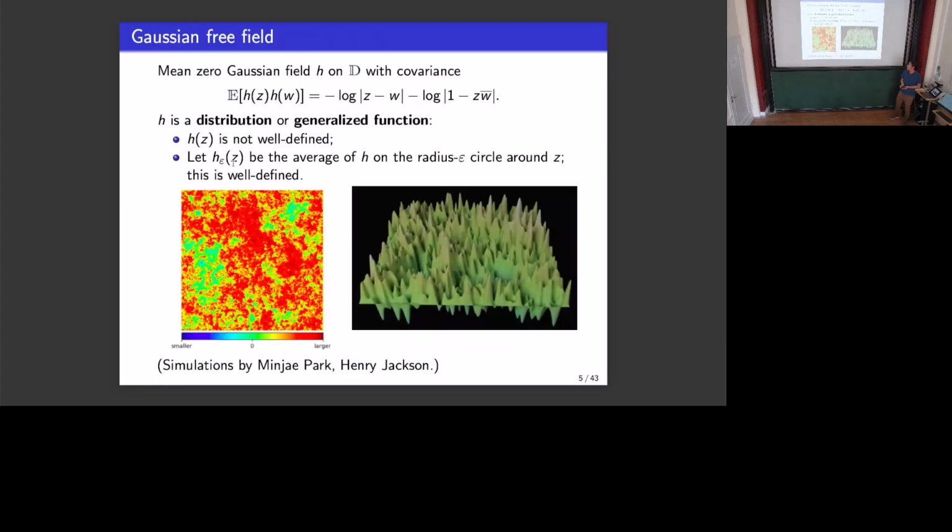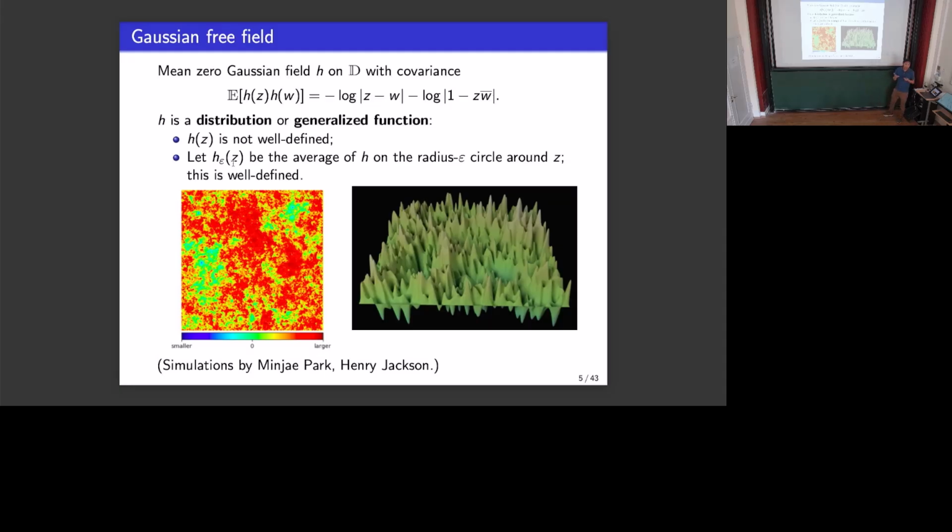Okay, good. So to define LQG, we introduce this random distribution called the Gaussian free field. It's a random generalized function on the plane. It's not well-defined pointwise. You cannot evaluate the value of the function at a single point because it's not a function. It's a distribution.